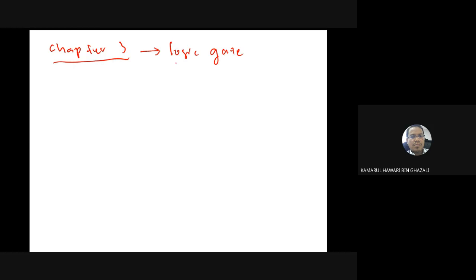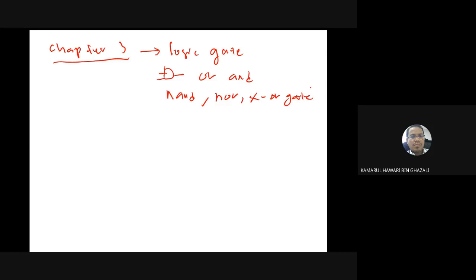For logic gates, we have the AND gate, the OR gate, the NAND gate, the NOR gate, and the exclusive OR gate, right?